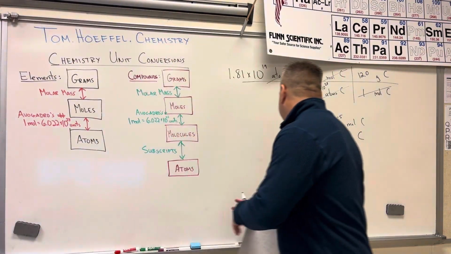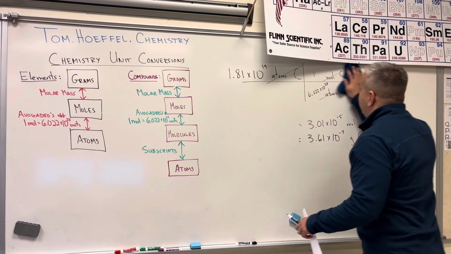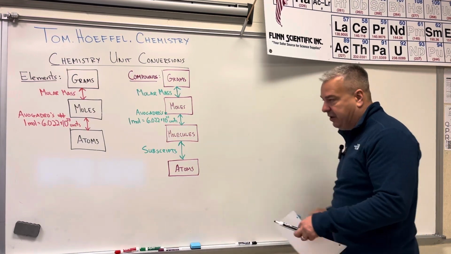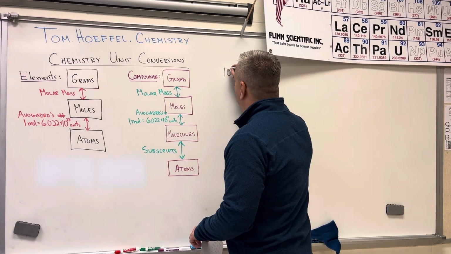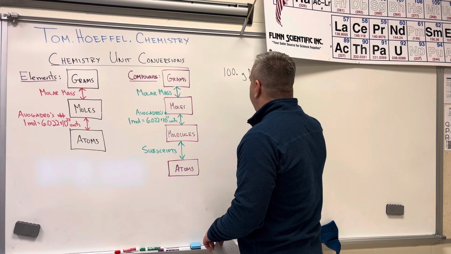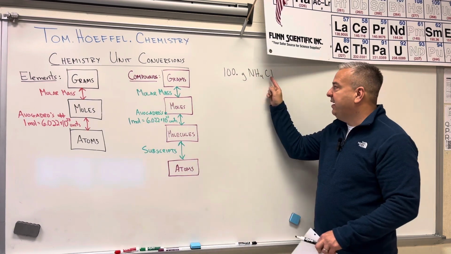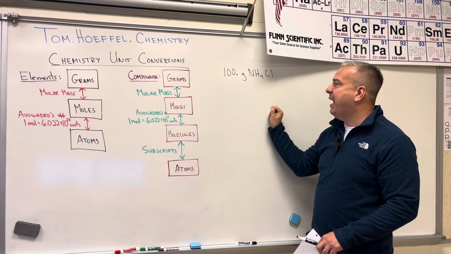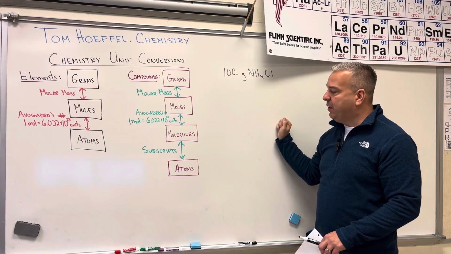So let's say my given is 100 grams of ammonium chloride. As you can see, it takes a lot of atoms: 1 atom of nitrogen, 4 atoms of hydrogen, and 1 atom of chlorine.